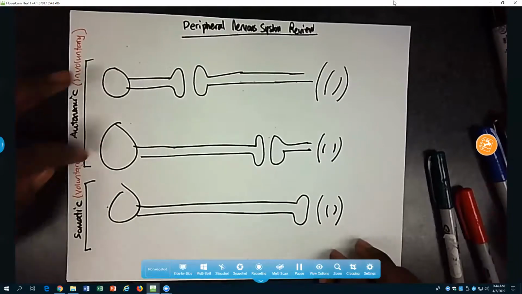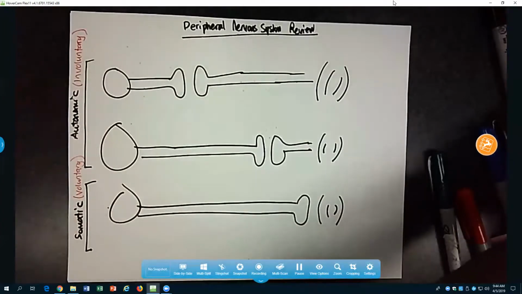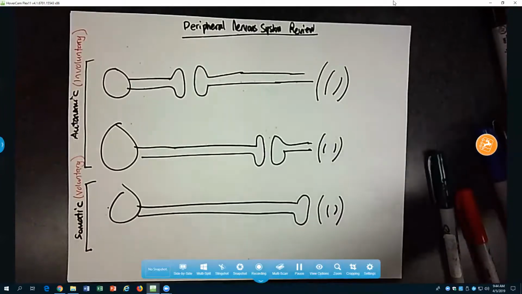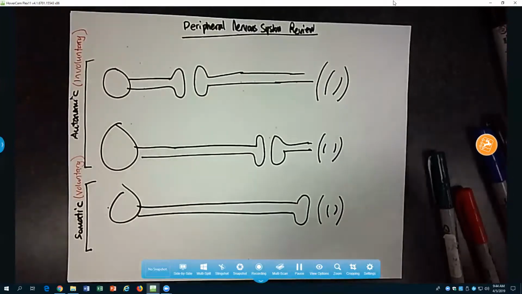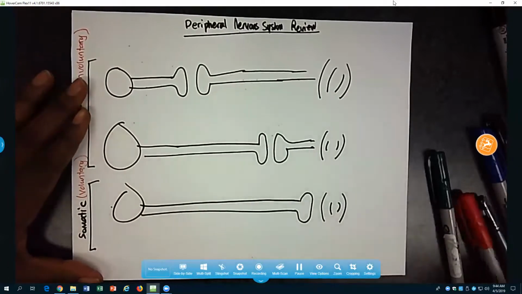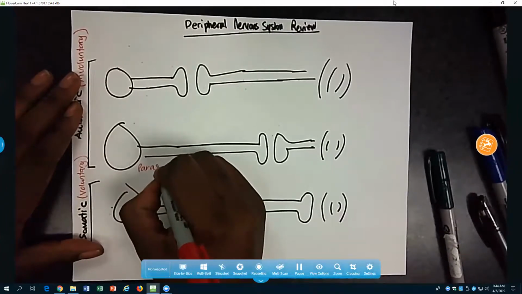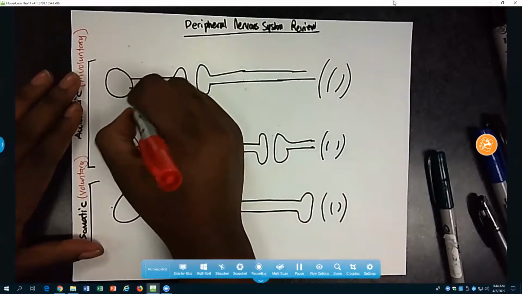Now, when you look at the two types of neurons in the autonomic nervous system, what are the two subdivisions there? There are two subdivisions of the autonomic nervous system. Parasympathetic and sympathetic, right? So parasympathetic, and we got sympathetic.